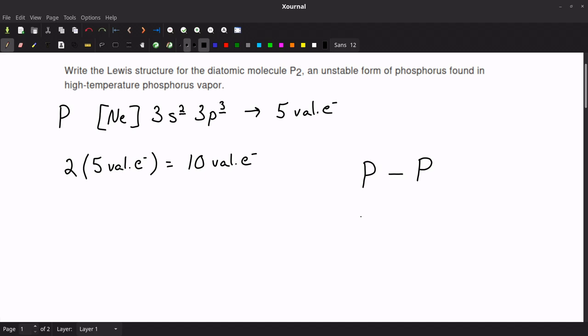That bond contains 2 electrons, so that's 2 electrons out of my bank. I started with 10 electrons in my bank, I created one bond that contained 2 electrons, so I have 8 electrons left over.